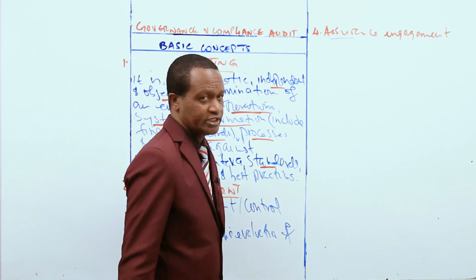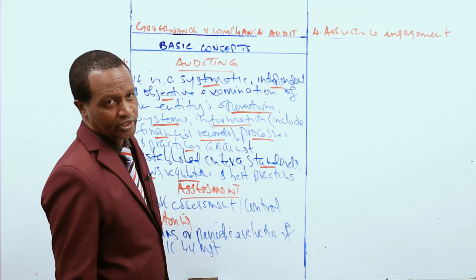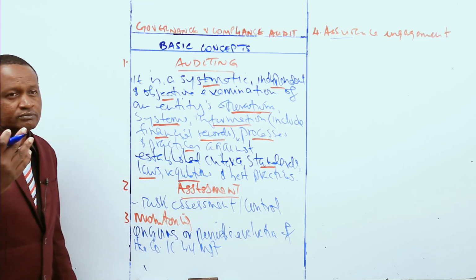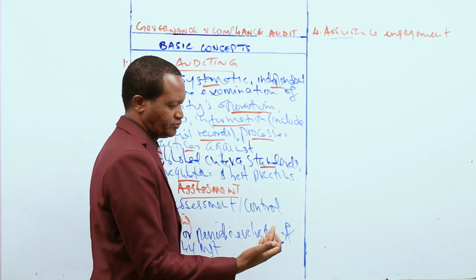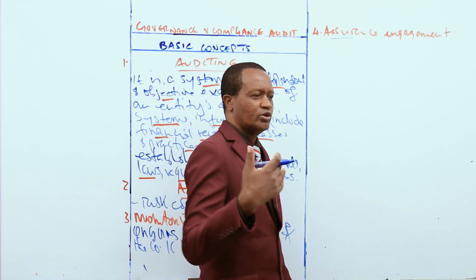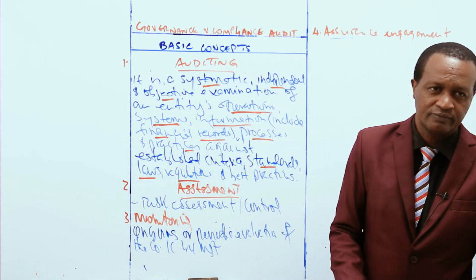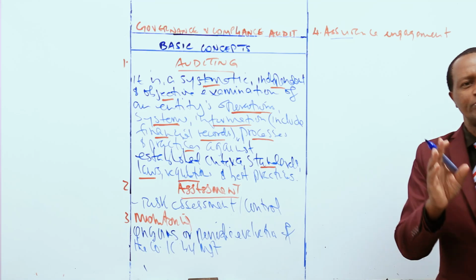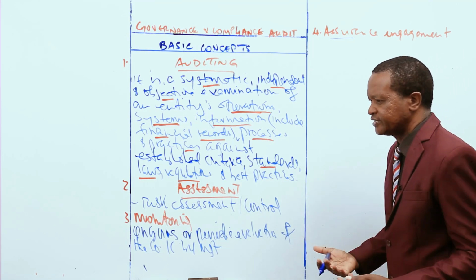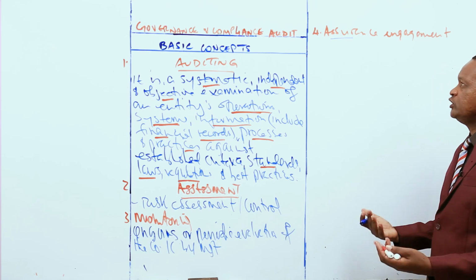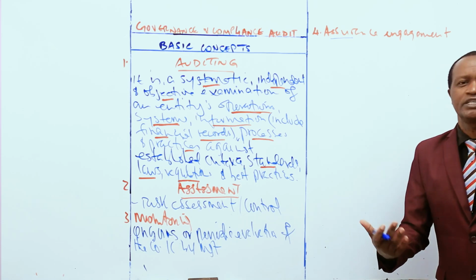A financial audit is another example of an assurance engagement where a practitioner who is a professional, it could be a financial auditor or a governance auditor, expresses an opinion, and the idea here is to enhance the confidence of the users of the subject matter.